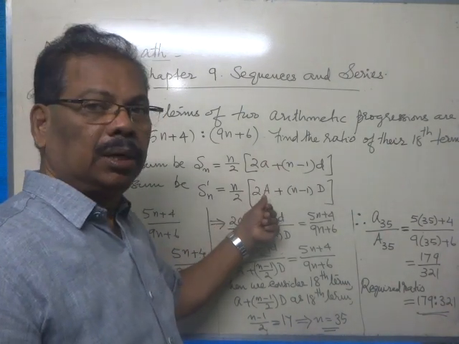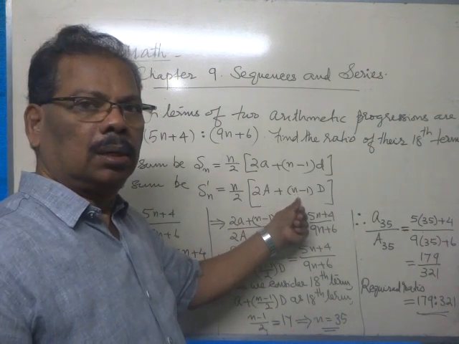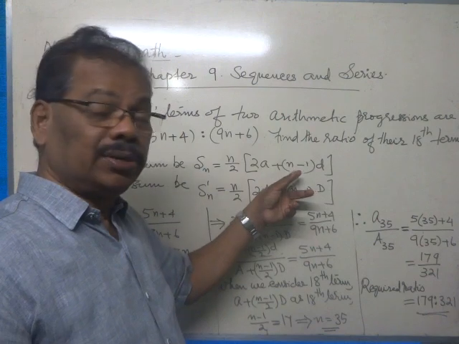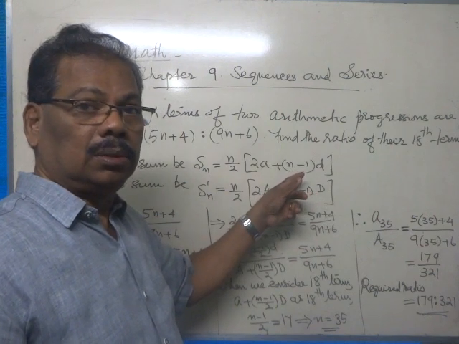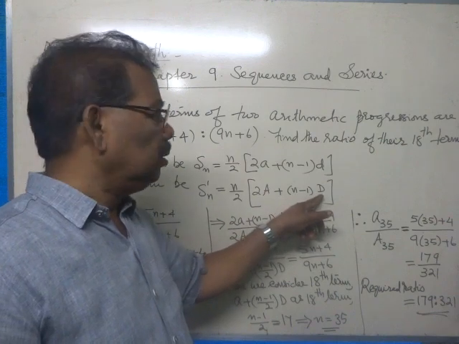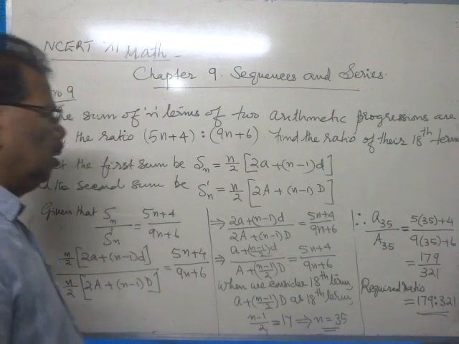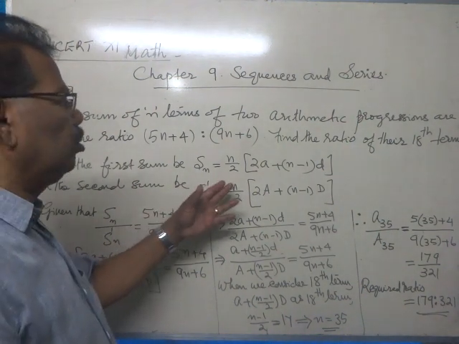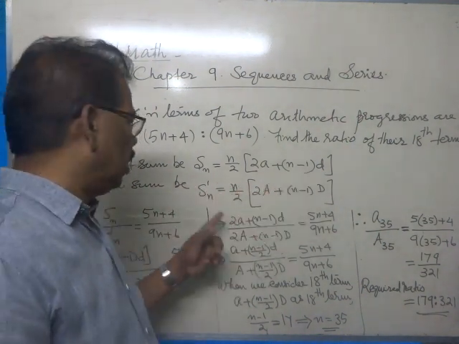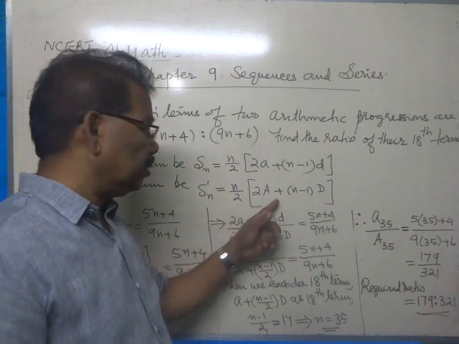Here it is capital A and capital D instead of small a and small d. Now Sn equals n by 2 into 2a plus (n minus 1)d, and S dash n is equal to n by 2 into 2A plus (n minus 1)D.